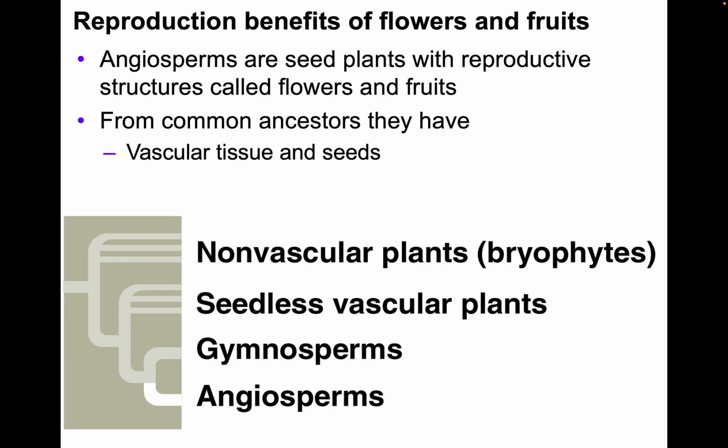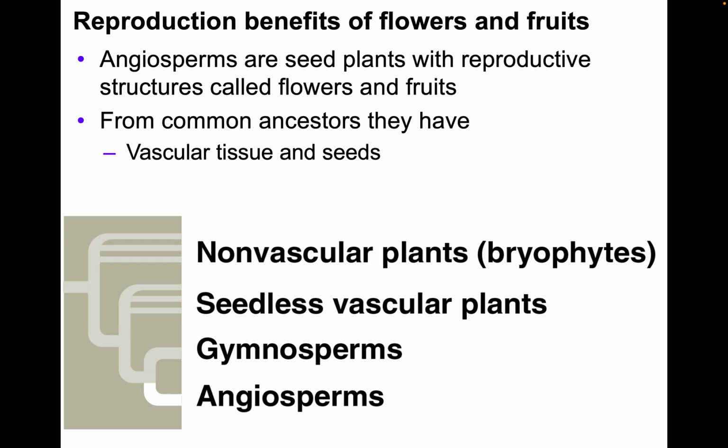All right. Switching over, we are now venturing into the angiosperms. So these are flowering and fruiting plants. Angiosperms are seed plants, just like our gymnosperms. Yes, they had seeds too. There was the huge evolutionary adaptation that came with the gymnosperms. The angiosperms have evolutionary adaptations beyond just having seeds.